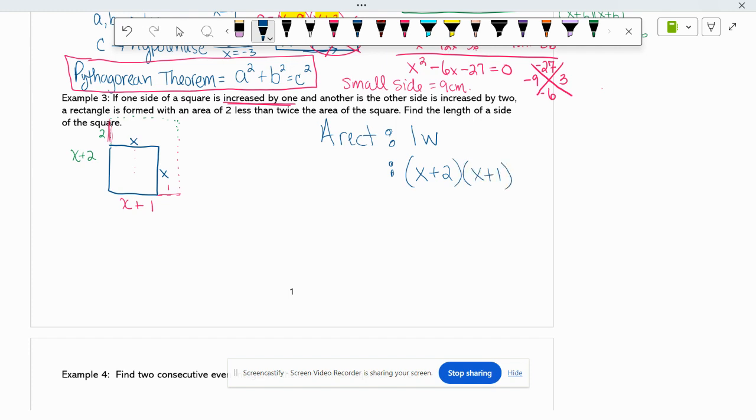So that's the area of my rectangle. It says that the area of the rectangle is 2 less than, so this whole thing that we just did, the x plus 2 times the x plus 1 is, that's an equal sign, 2 less than twice the area of the square. How do I find the area of the square?